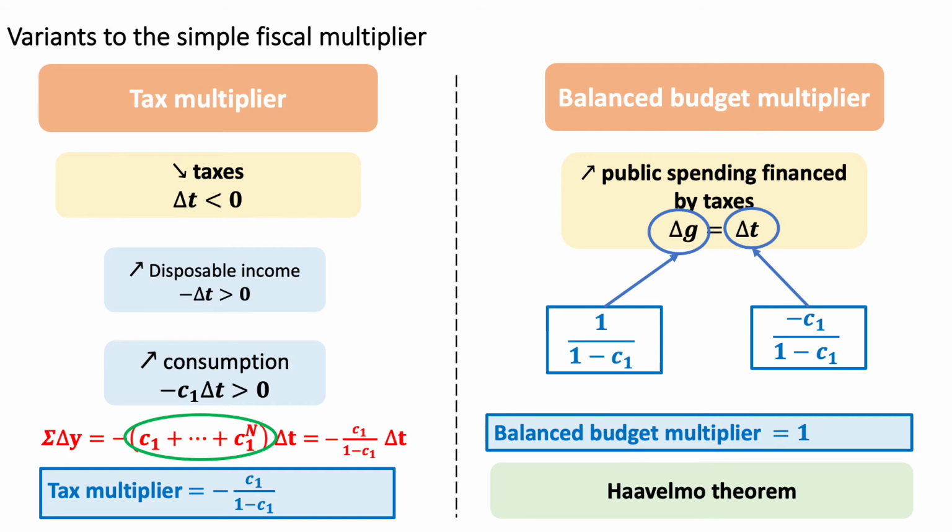This impact is called the Haavelmo theorem, which states that if there is simultaneously an increase in public spending and an equivalent increase in taxes, the budget deficit will not vary, and yet there will still be a positive impact on the economic activity, which will be equal to the initial increase in public spending.